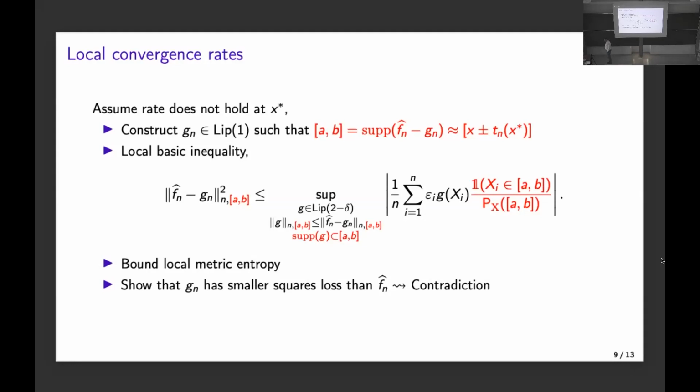So now that I've, yes? The inequality which you show here, this is not almost sure, yeah. This is not an almost sure inequality. It's with high probability. But then how can you make a contradiction out of it? Well, we prove that on an event of probability tending to 1, this inequality holds.